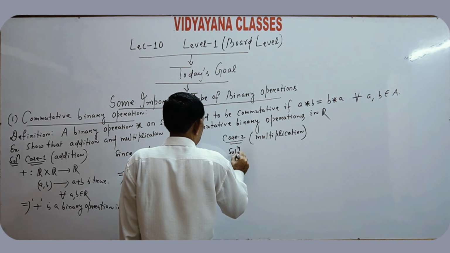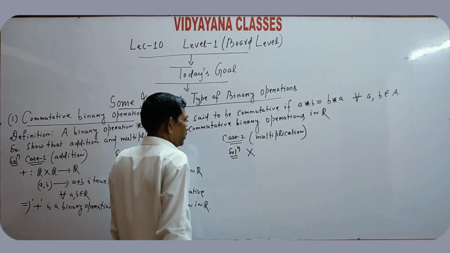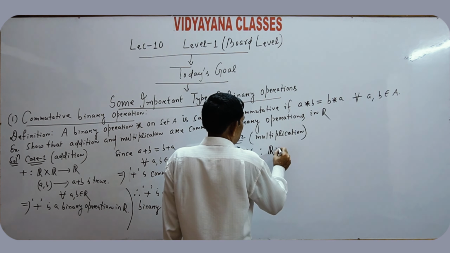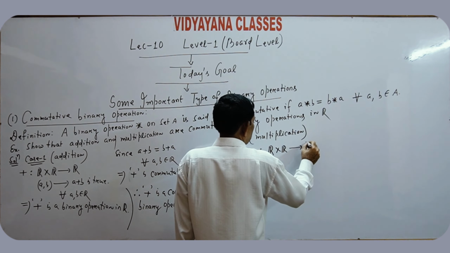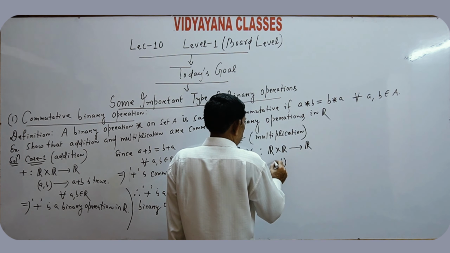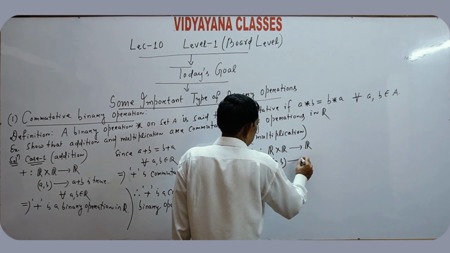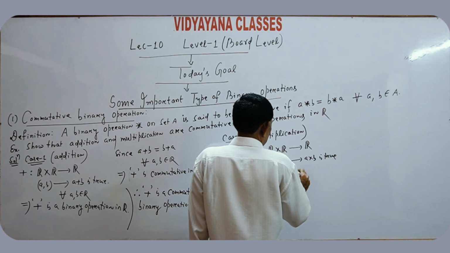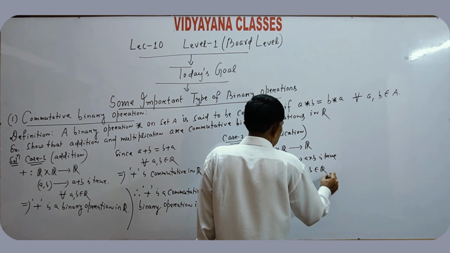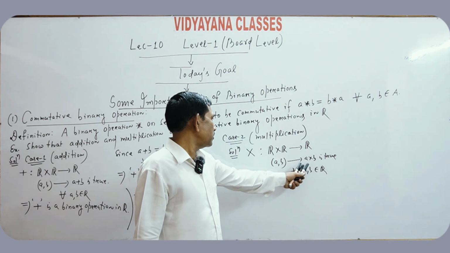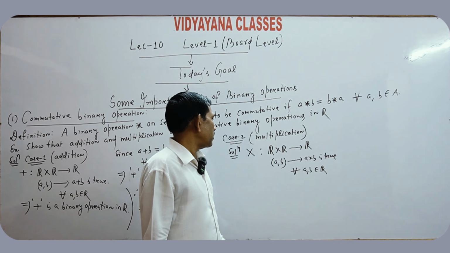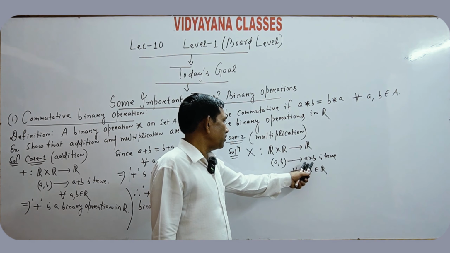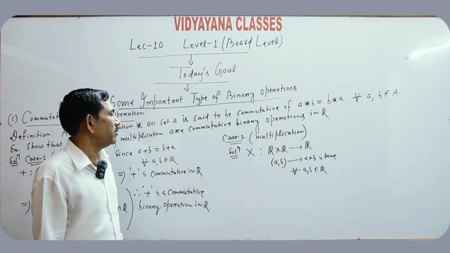Solution: multiplication, which is denoted by the into sign, maps R cross R to R. AB ordered pair belongs to R cross R. A into B belongs to R for all A and B belongs to R. The product of two real numbers is a real number, so A into B belongs to R. Multiplication, that is the into sign, operates on AB ordered pair and gives A into B in R. It satisfies the definition of a binary operation.